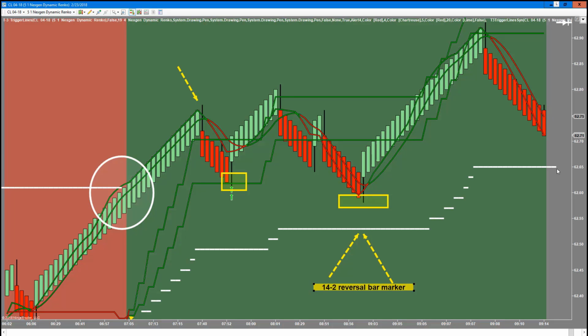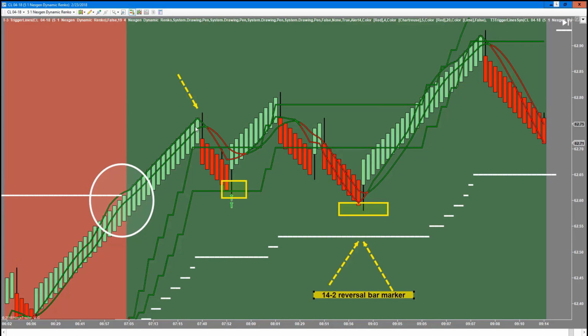Just a reminder, correct side of the triggers looks like this. This one looks like the wrong side, but it still goes up anyway. So this is where we're going to use two rules in our trading plan to determine getting in a little earlier when they're on the correct side, or getting in a little closer to the 14-2 reversal bar marker if we're on the wrong side.